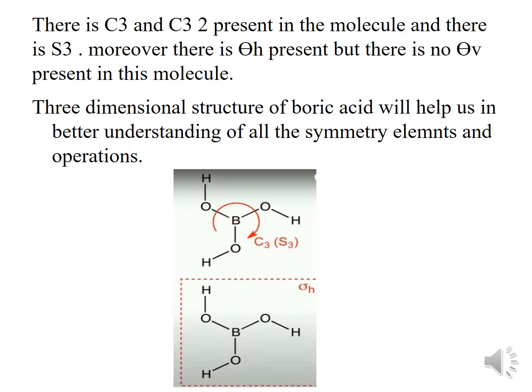There are C3 and C3^2 present in the molecule, and there is S3. Moreover, there is sigma h present, but there is no sigma v in this molecule. The three-dimensional structure of boric acid will help us in better understanding all the symmetry elements and operations.